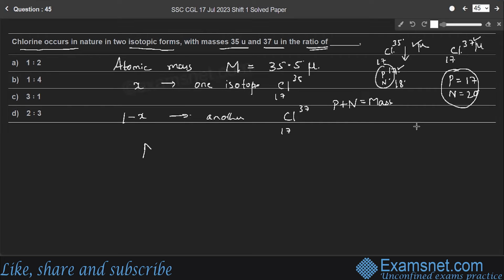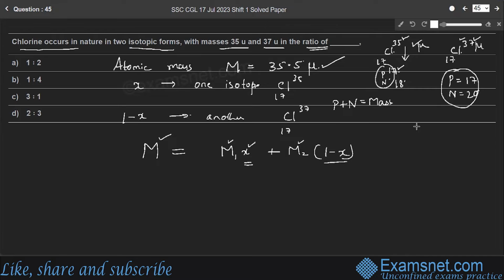We can calculate the relative abundance using the formula: atomic mass M is equal to M1 X plus M2 into 1 minus X. Here M is the atomic mass of chlorine, whereas M1 is the mass of the first isotope, 35, and X means its abundance, whereas M2 is the atomic mass of the second isotope and 1 minus X is its abundance.